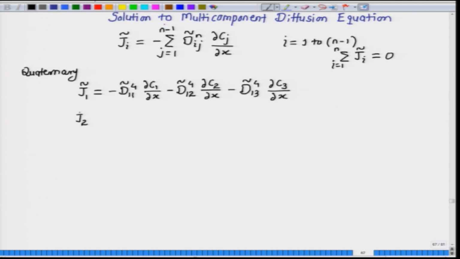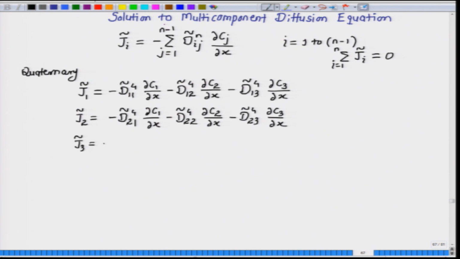Similarly, the flux of component 2, J_2 tilde, is equal to minus D_21 tilde 4 dou C_1 by dou x minus D_22 tilde 4 dou C_2 by dou x minus D_23 tilde 4 dou C_3 by dou x, and the third independent flux J_3 tilde is given as minus D_31 tilde 4 dou C_1 by dou x minus D_32 tilde 4 dou C_2 by dou x minus D_33 tilde 4 dou C_3 by dou x.